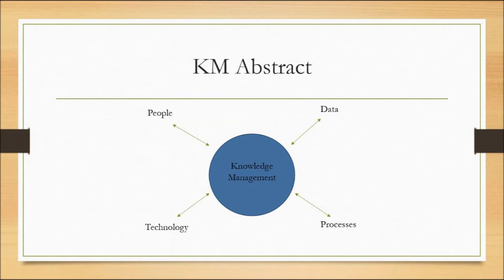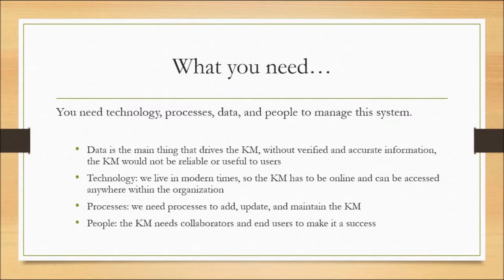Here's a KM abstract. In order for KM to work, it needs people, technology, data, and processes. What you need: technology, processes, data, and people to manage this system. Data is the main thing that drives the KM.